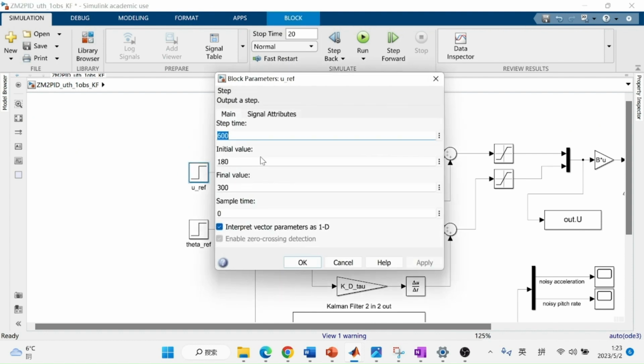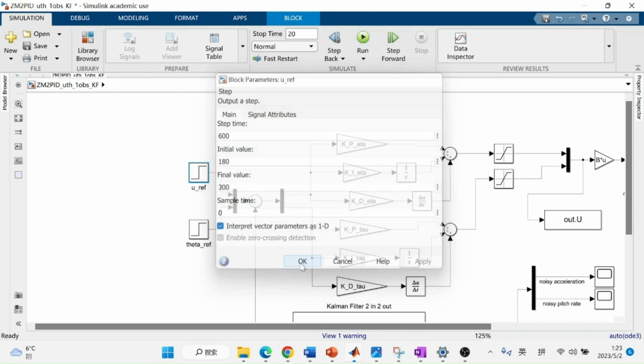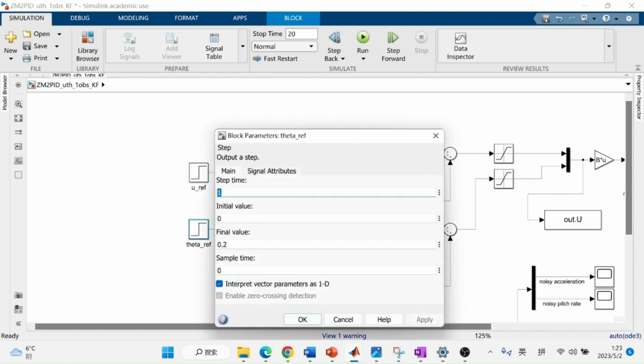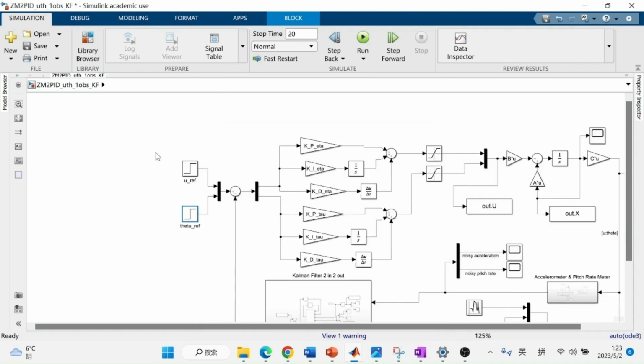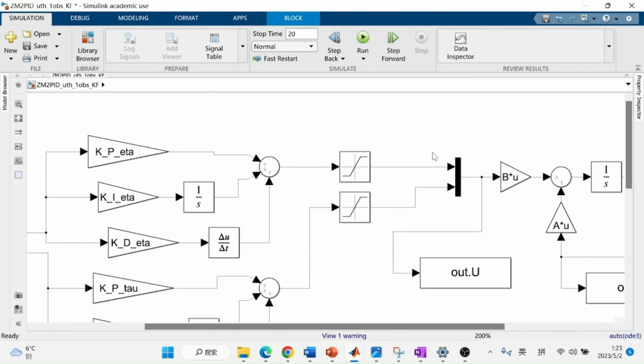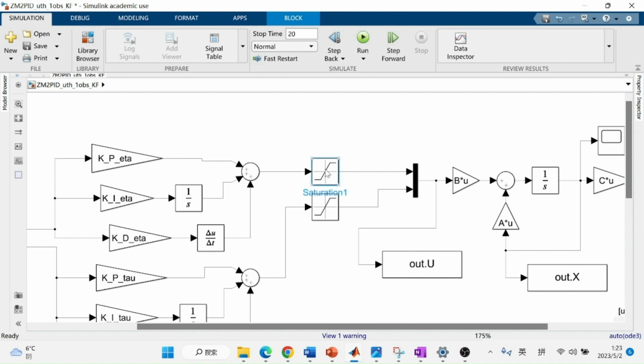For the axial speed, it starts as 180 meters per second, and at the 600 second it goes to 300 meters per second. As for the pitch angle, it goes from 0 to 0.2 radians at the first second. And we certainly will have some restrictions for the control inputs.